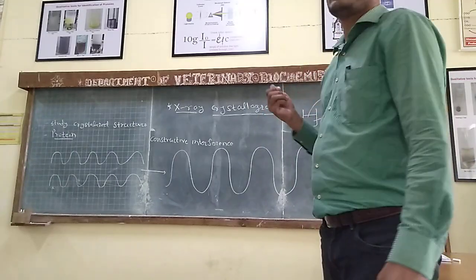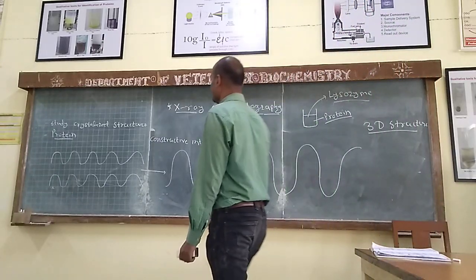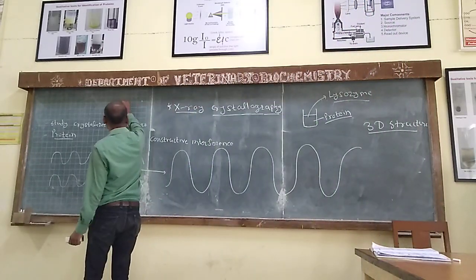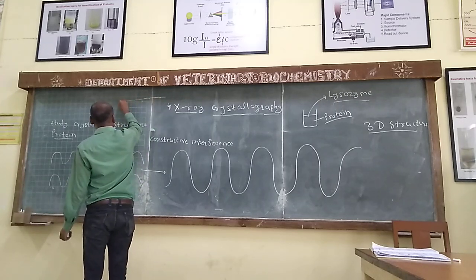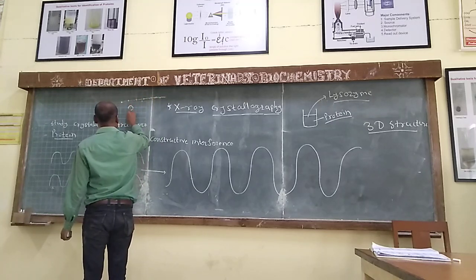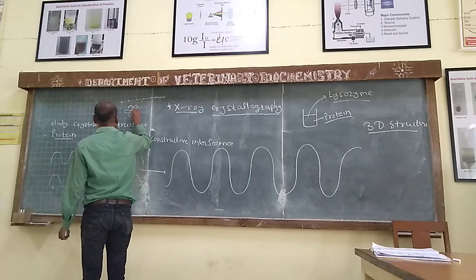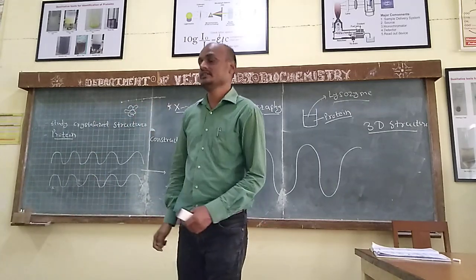Once we know the primary sequence of amino acids, then we can study the folding pattern of this polypeptide chain. So this is a single amino acid, second amino acid, third amino acid, fourth amino acid. Now it is folding like this, and it is making the three-dimensional structure of the protein, right?